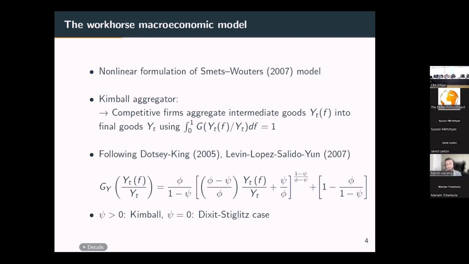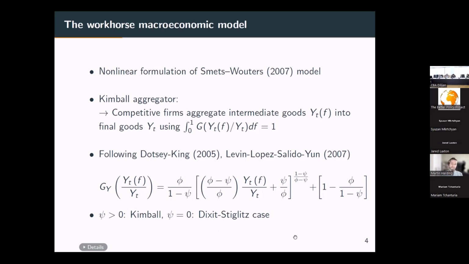And this is very nice because it allows us to, for example, do robustness checks and ask, what would happen to our results if we were to shut down, say, the state-dependent demand elasticity completely and work with the Dixit-Stiglitz case, which is a CES type of demand. So essentially, this is a more general formulation of the aggregator than the standard Dixit-Stiglitz case.